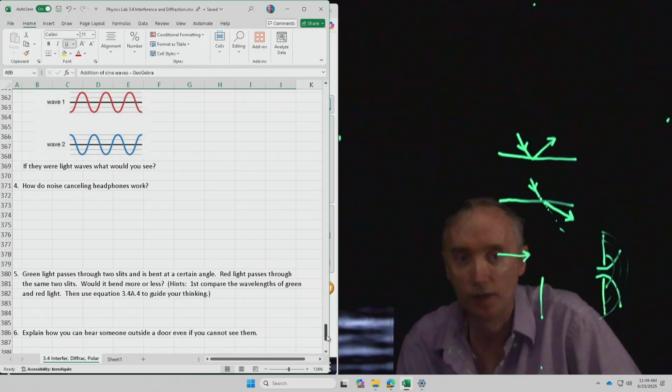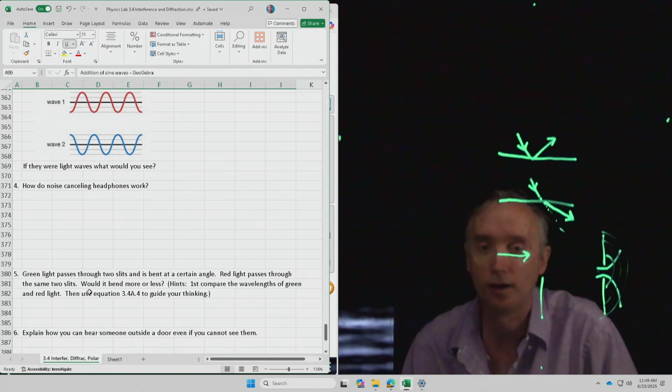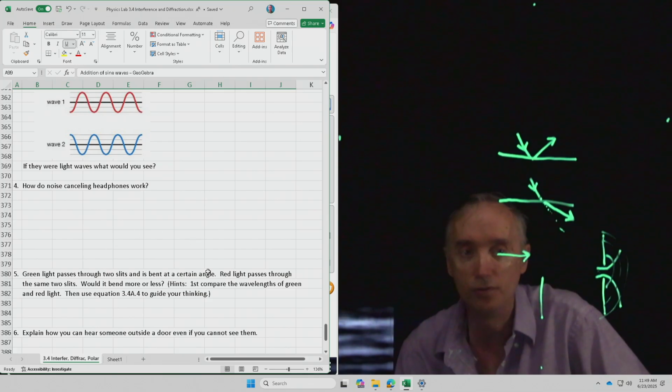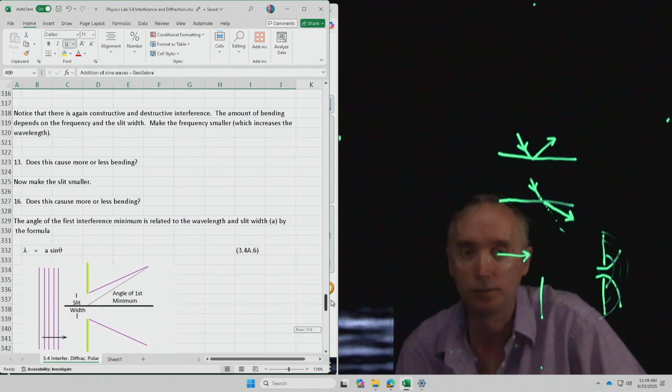Okay, now we've got green light passes through 2 slits and is bent at a certain angle. Red light passes through the same 2 slits. Which one would bend more? Well, you can do this with your simulation, or you can do this using this formula.